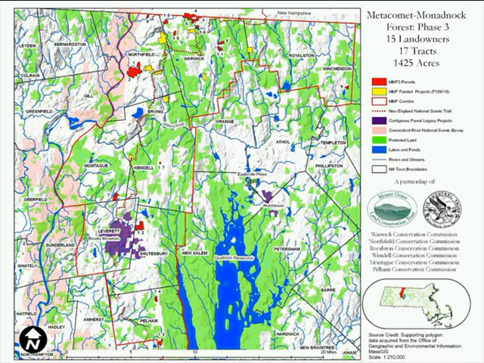Another example of a multi-phase Forest Legacy project is the Metacomet Monadnock Forest. We're now in phase 3. We've just applied for federal fiscal year 12 funding, 15 landowners, 1,400 acres, and this is the 3rd phase in the same region. It's not all smooth sailing, and there are different reasons for the funding.